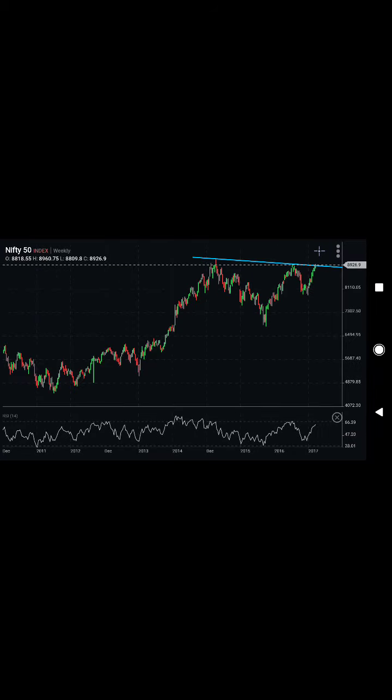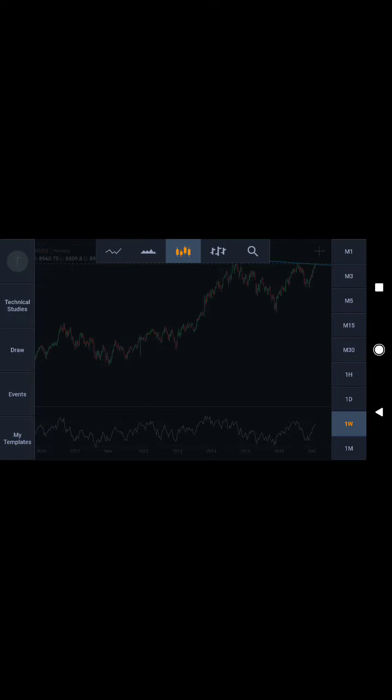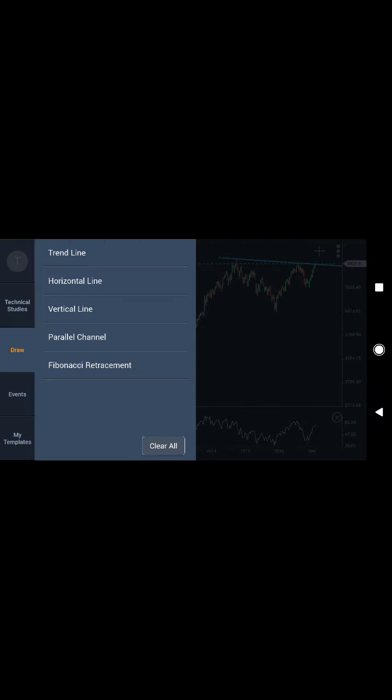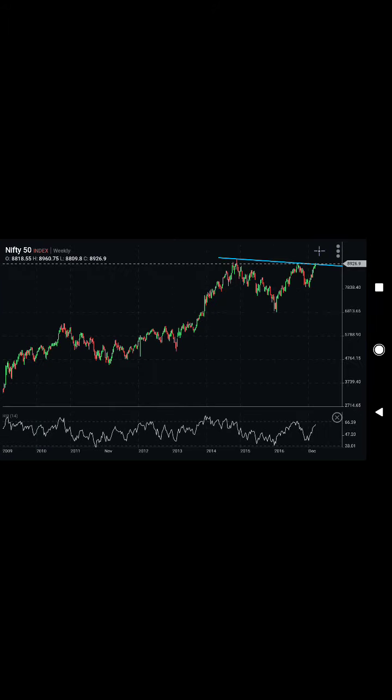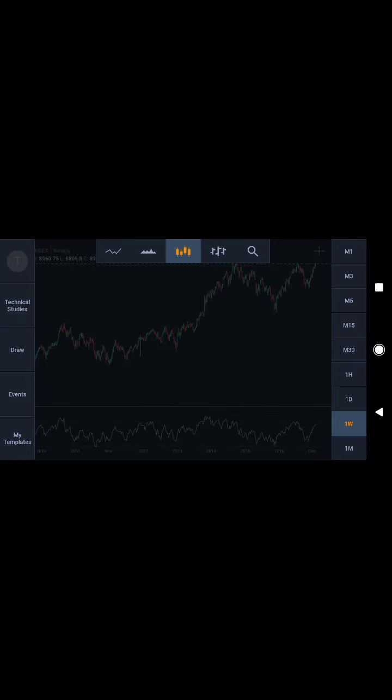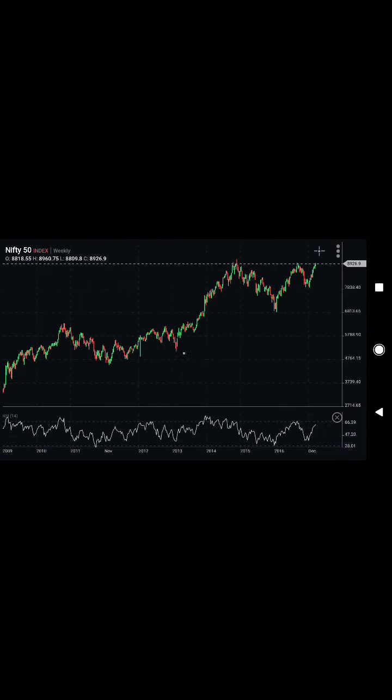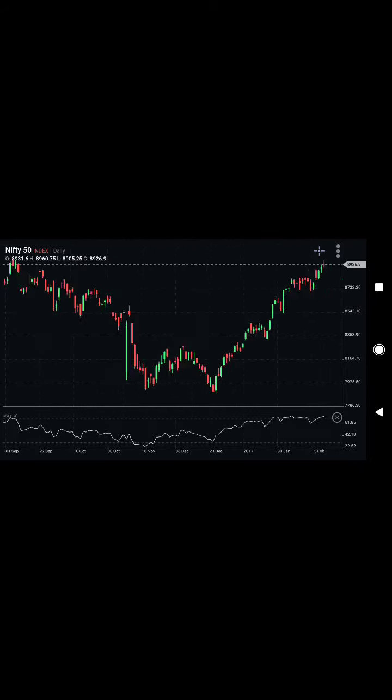and it is very difficult to draw a trend line on RSI in this. I don't draw a trend line on RSI, it's not possible. So let's see how it reacts on daily chart. If you ask me, I will short around 9,000, 9,100.